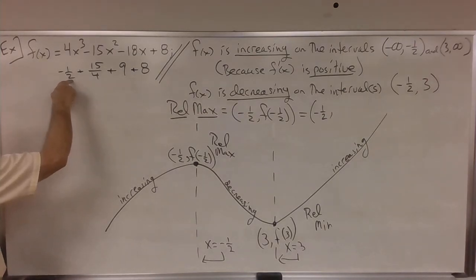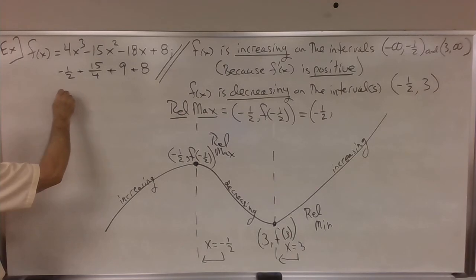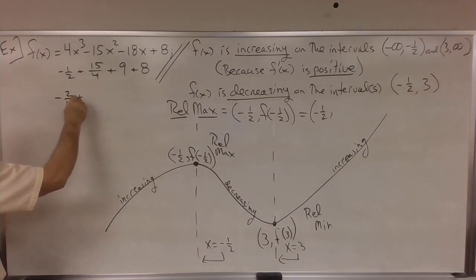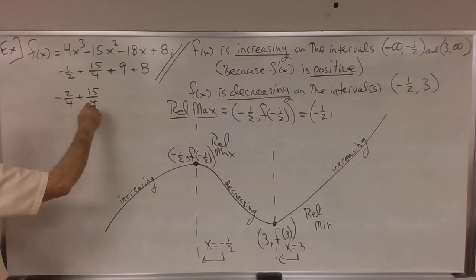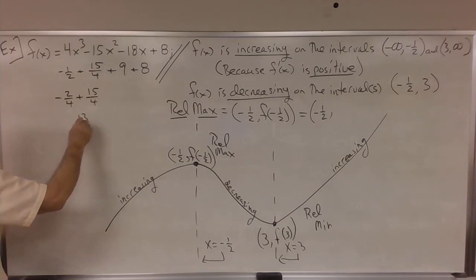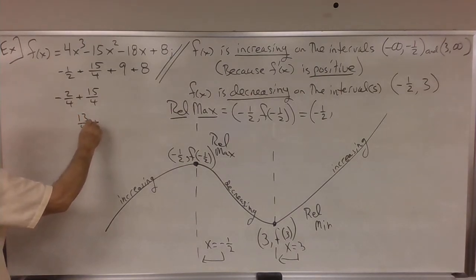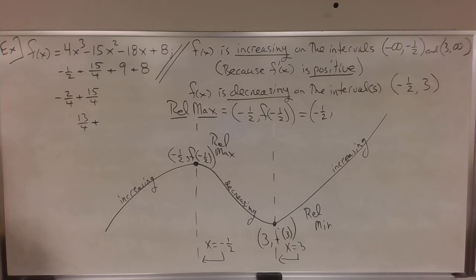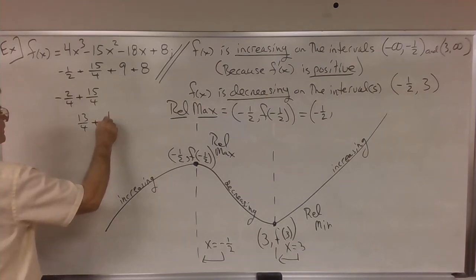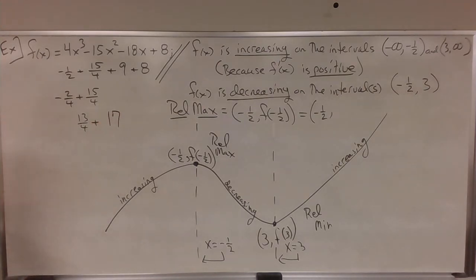Well, let's see, this is -2/4, isn't it? Plus 15/4 is 13/4. And 9 plus 8 is 17. My goodness. Is that really what I want for an answer? I don't think so.